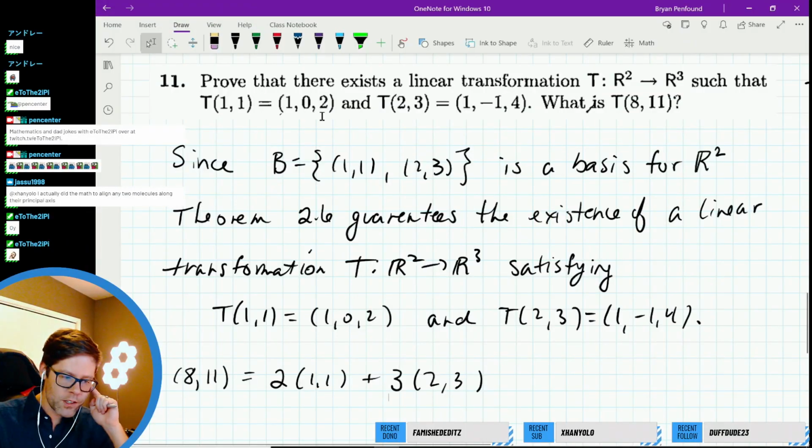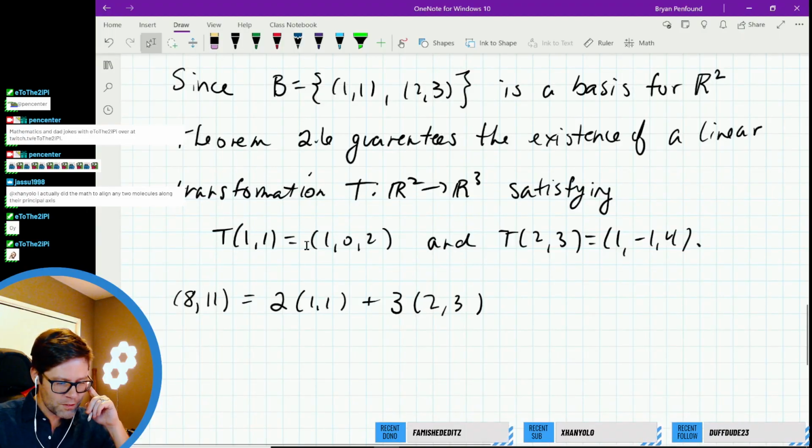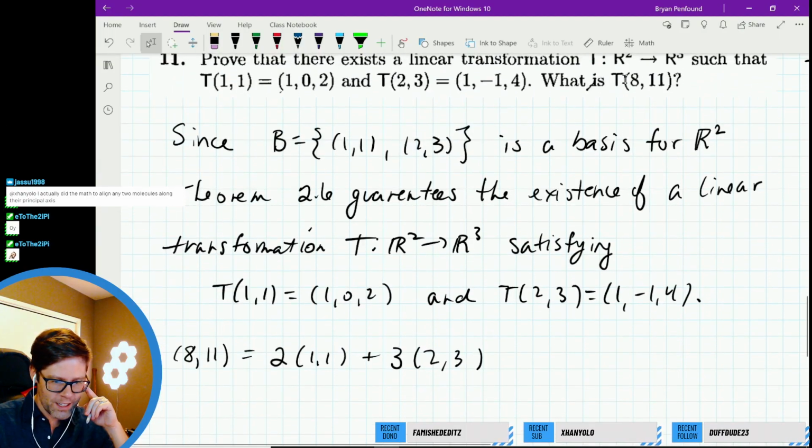Yeah, you're right, Anders. Our question doesn't particularly care about the uniqueness, but that theorem is not just existence, it does also go through the uniqueness step as well. So here we go. We have (8,11) as a linear combination of our basis vectors.